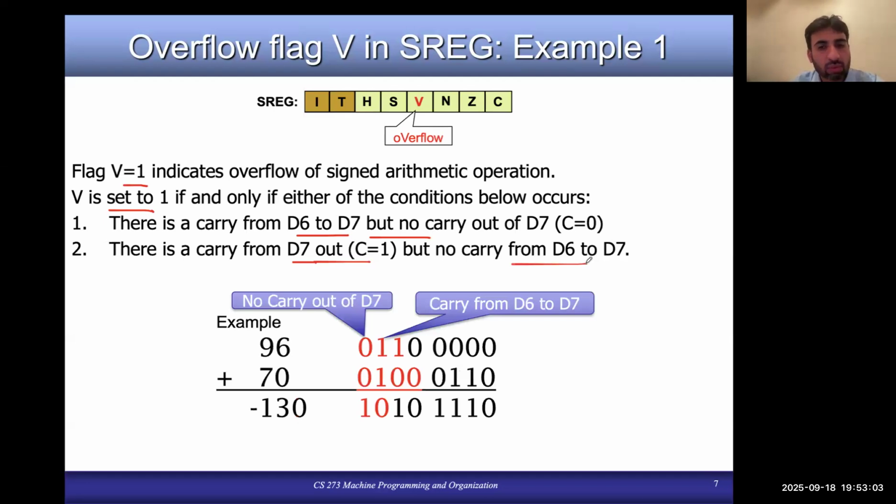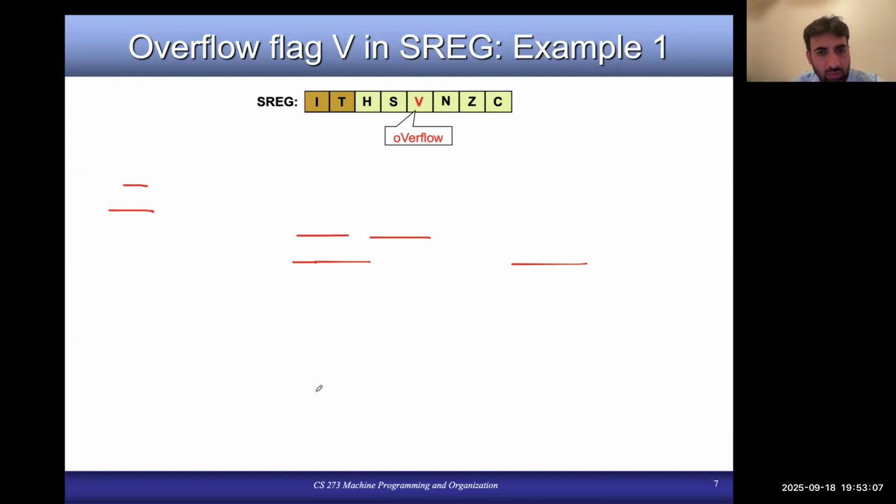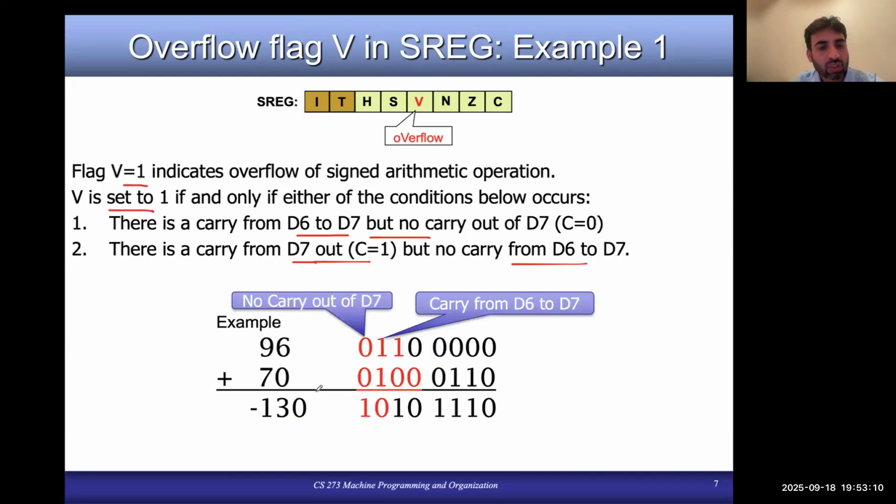Again, we have exactly the same numbers which we were adding last time, 96 and 70. When you add these numbers together, you will have a carry from D6 to D7, but no carry out of D7. So overflow has happened, and since overflow has happened, we cannot trust the n flag.